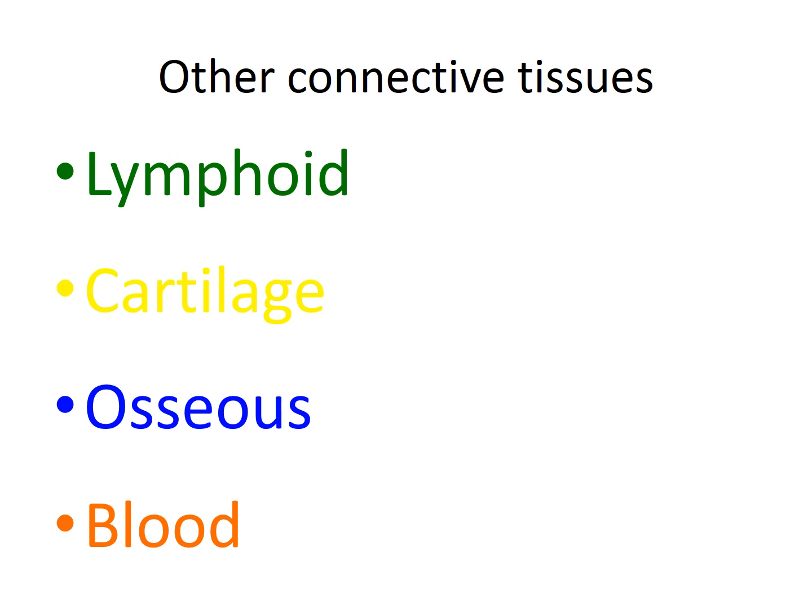Now, lymphoid tissue is also classified as a connective tissue. And this is composed of a network of connective tissues termed a reticulum. And as we've seen, a reticulum is a network. And these reticular fibres are composed of very fine, thin fibres which are mostly made up of collagen.